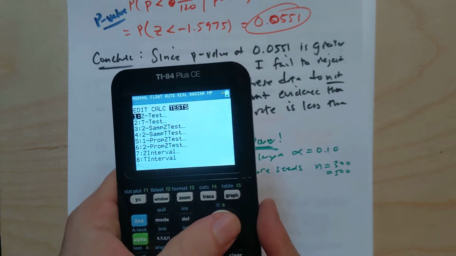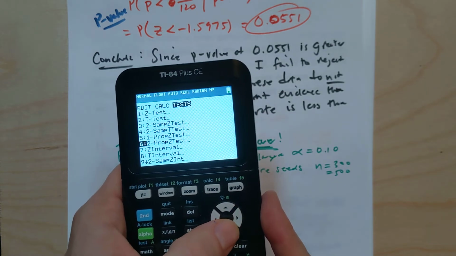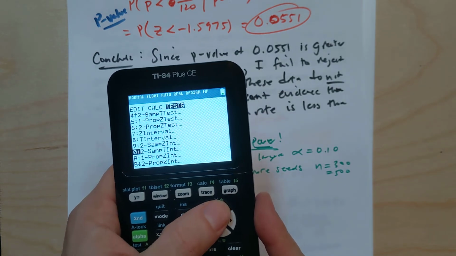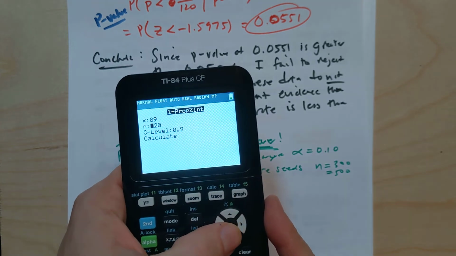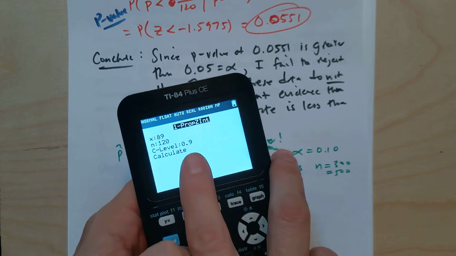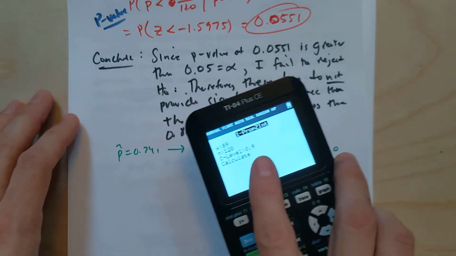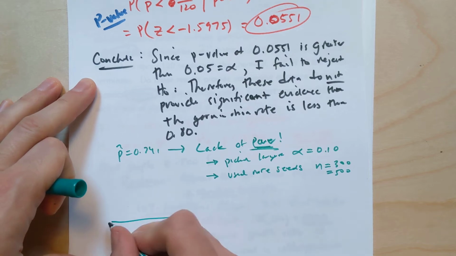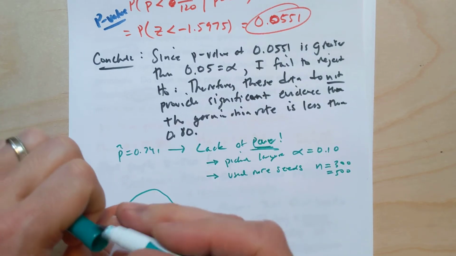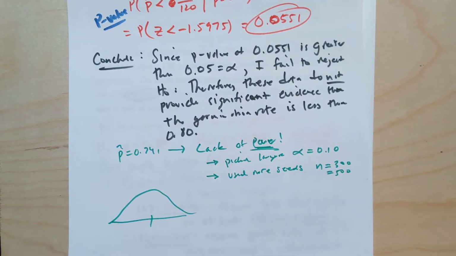If I hit stat and I go to tests, and if you remember, I did a 1 prop z int. Let's see here, where's 1 prop z int? And I put in all the same information, and the calculator's smart. Notice that in this case, I might do a confidence interval at 90% confidence. Now, why 90% confidence? I just did a left tail test at 5% significance.